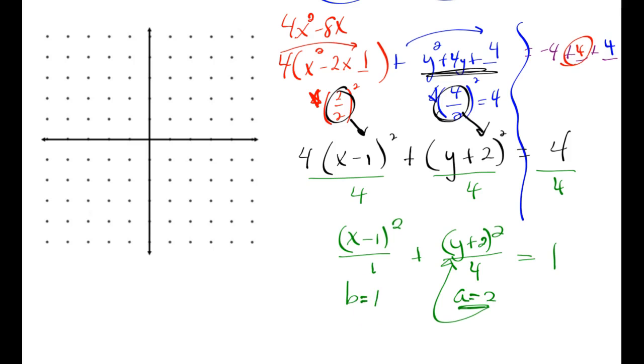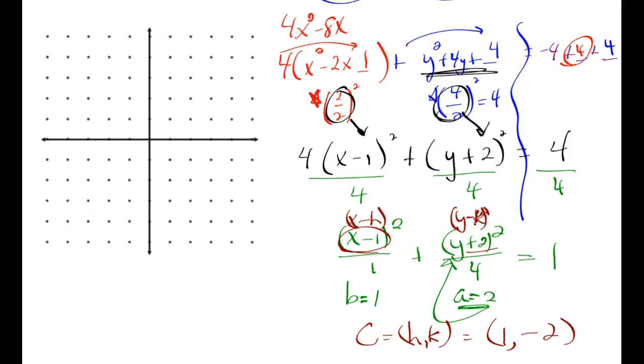And I also notice that the center is no longer at the origin, it's at h and k. So remember, this is x minus h, and this is y minus k, so that means go the opposite direction. So the opposite of -1 is +1, the opposite of +2 is -2. So I'm going to plot the center of this ellipse at 1, -2.